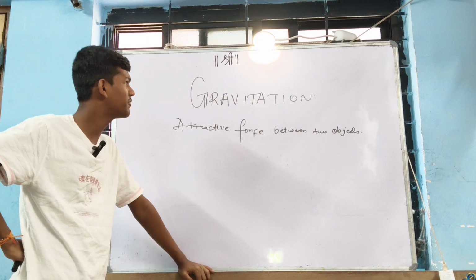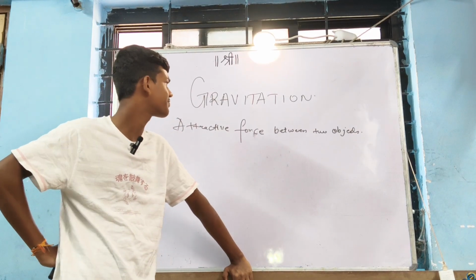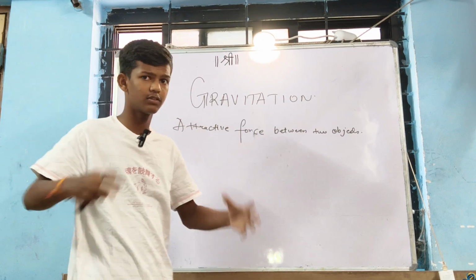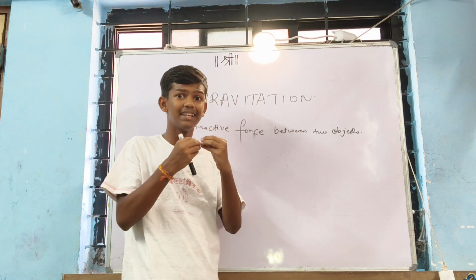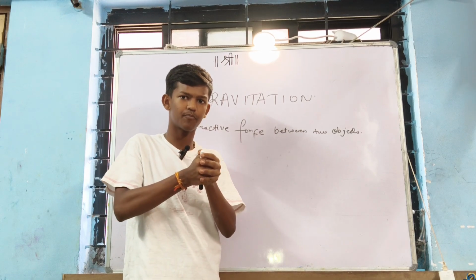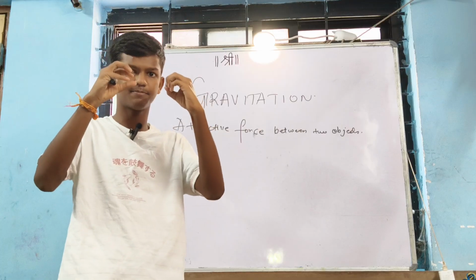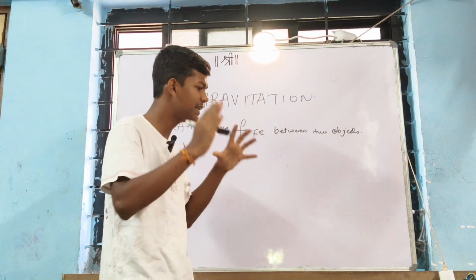One of them is the universal gravitation law, which says that when two objects attract each other, the force is proportional to the masses of the objects and inversely proportional to the distance between them.